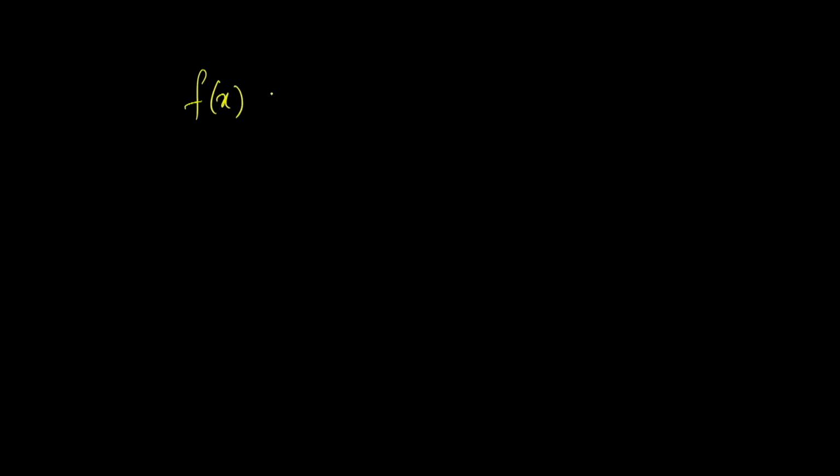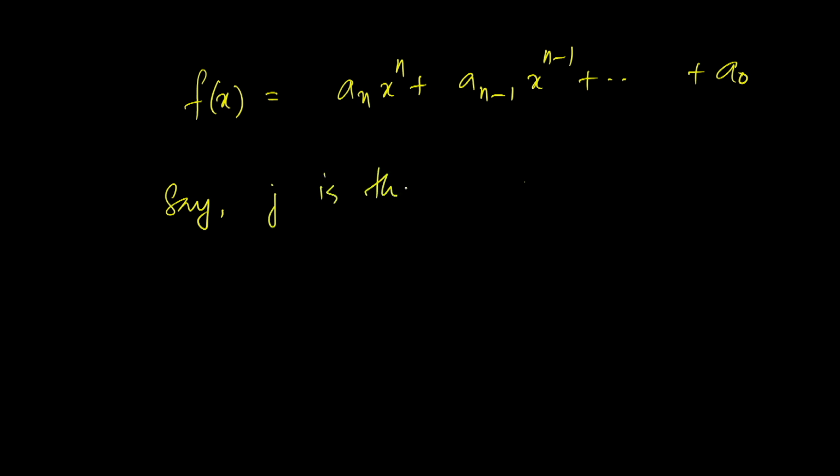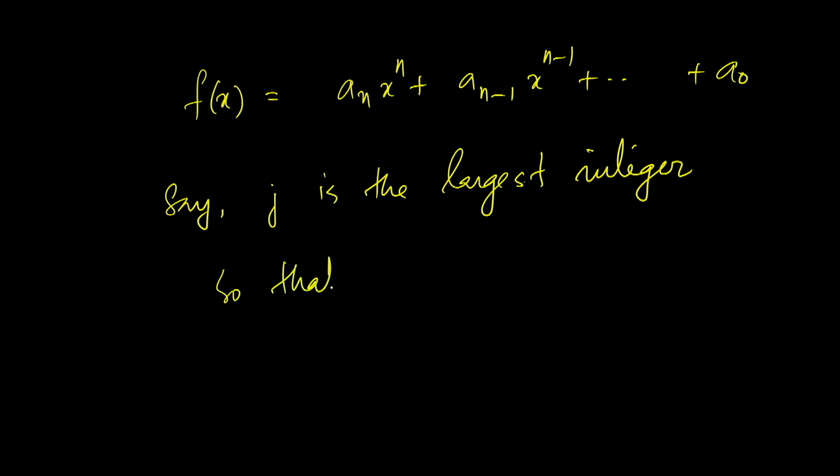When we consider a polynomial of this form, say j is the largest integer so that aj is not equal to 0, then j is the degree of this polynomial.